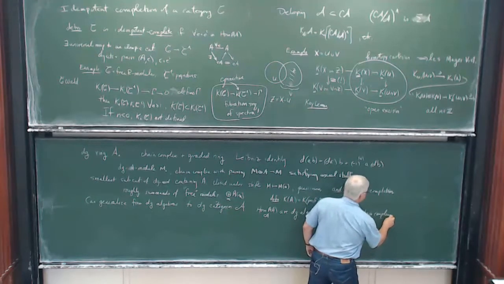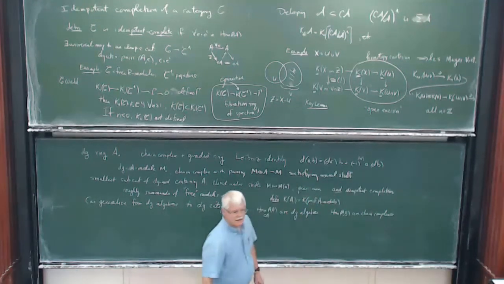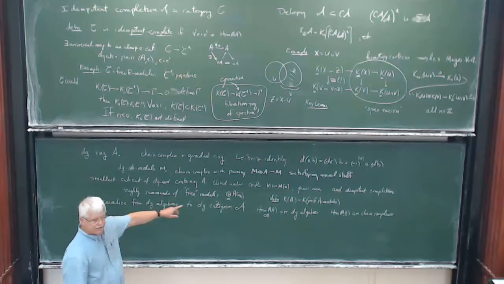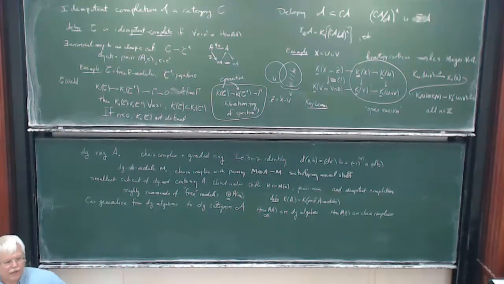Yep. So this was your definition of perfect A modules, like the smallest subcategory of the modules. Yes. And if you don't have any kind of shifting going on, then you would just have a classical free module and a summand of a classical free module. Yes. Do you need some other adjective in front of the subcategory? Like we should close it under sums or something?